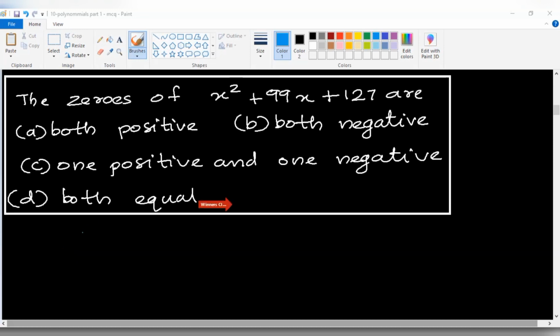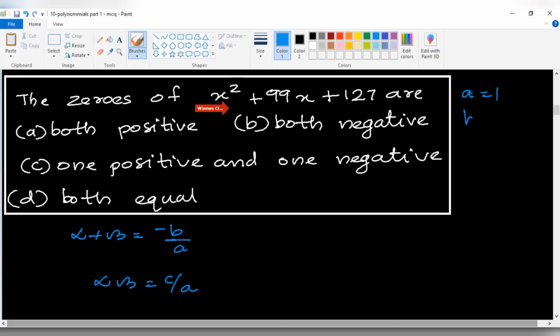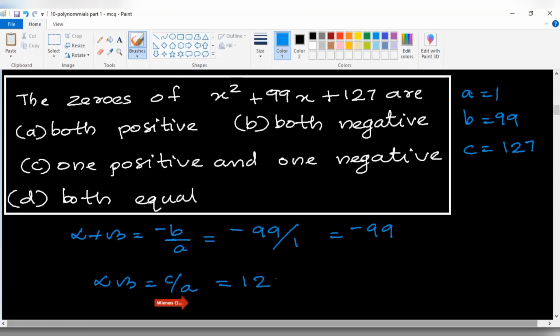We know alpha plus beta is minus B by A and alpha beta is C by A. And here in the given polynomial, in place of A we have 1, in place of B we have 99, and in place of C we have 127. So alpha plus beta will become minus 99 by 1, that is minus 99 itself, and alpha beta will become C by A, that is 127.